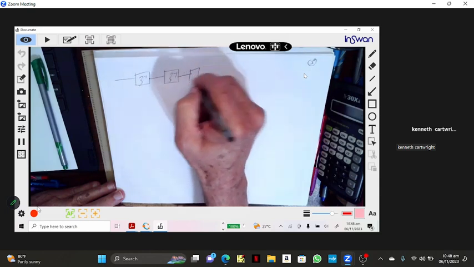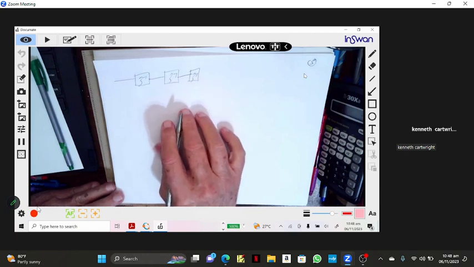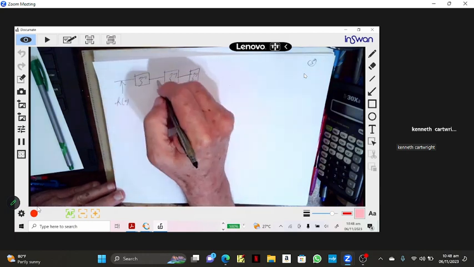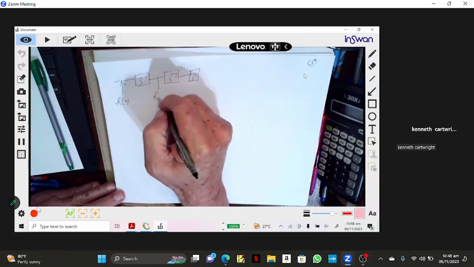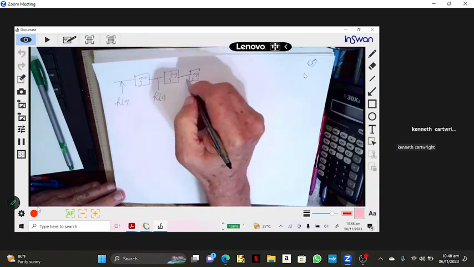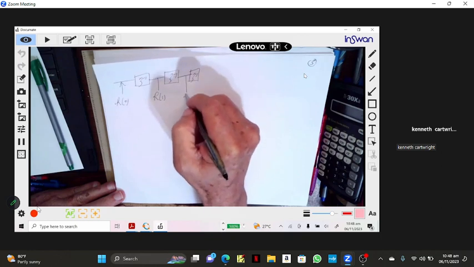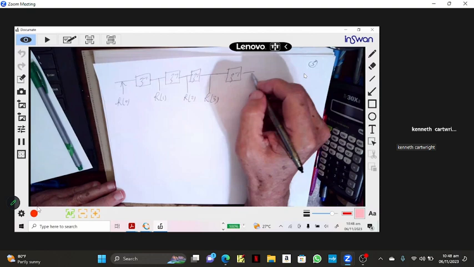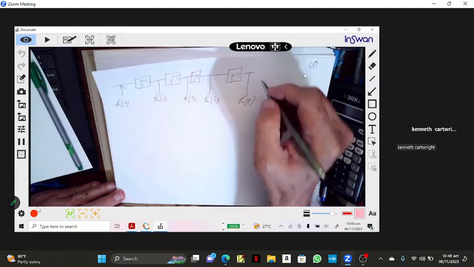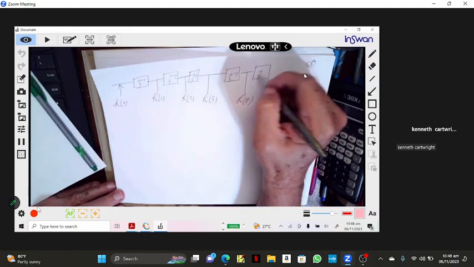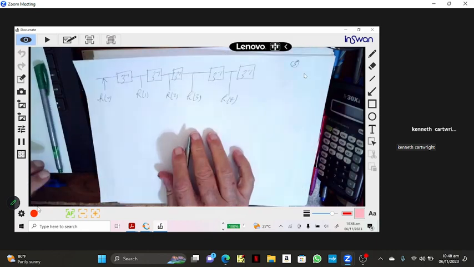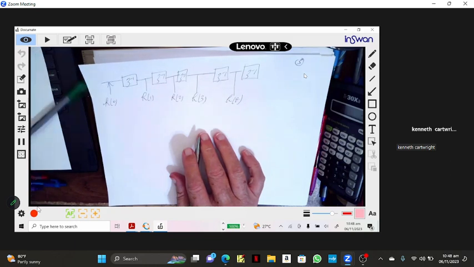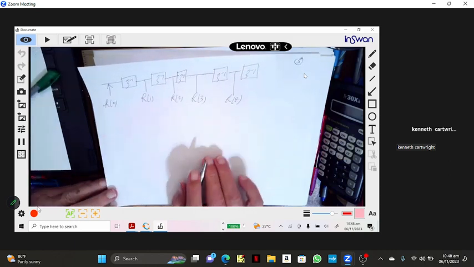You need memory. Okay? This is H of 0. This is H of 1. This is H of 2. This is H of 3. This is H of 4. And all these z negative ones are memory. Either memory in software or memory in hardware.